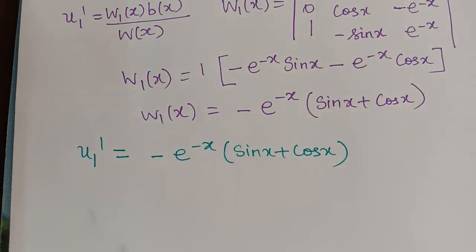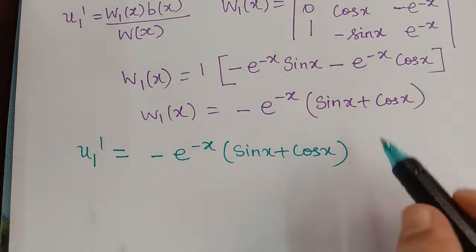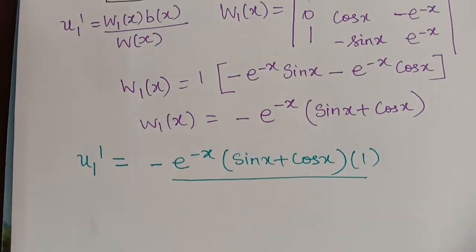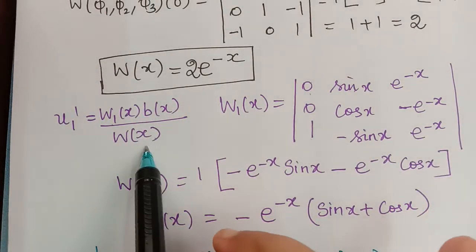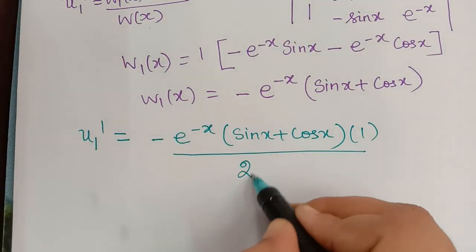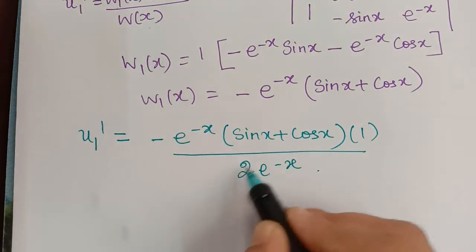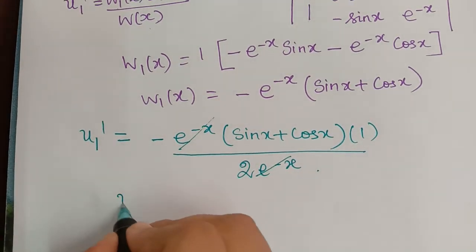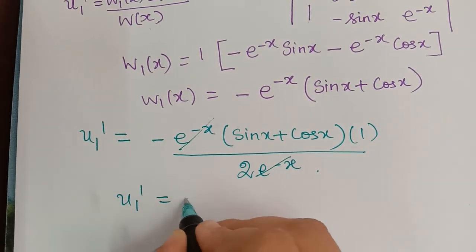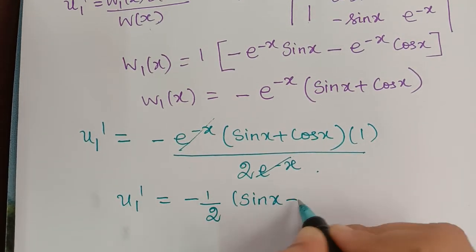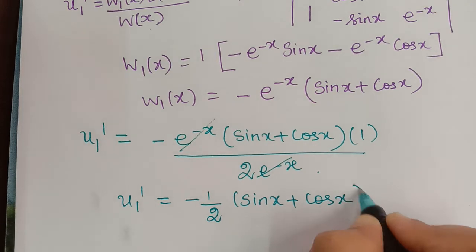So that one we have to substitute here. So multiplied with 1 divided by the Wronskian. What is the Wronskian that we have obtained? W of x, which is 2 e power negative x. So this and this will get cancelled, and therefore our u1 dash will be equal to minus 1 by 2 sin x plus cos x. Now this is u1 dash.